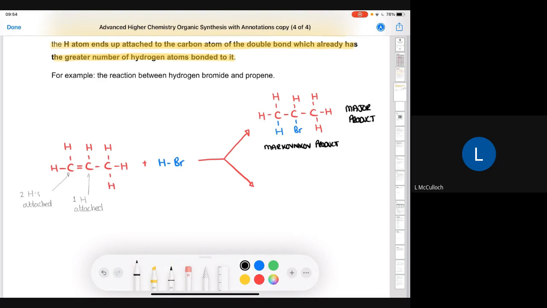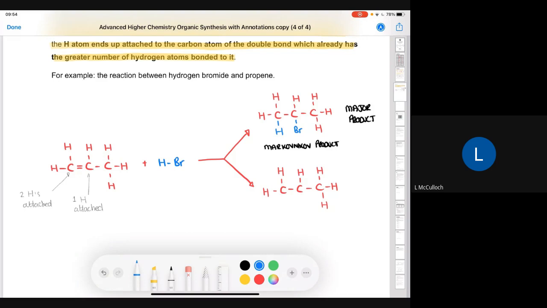And then for our other possibility, which we do still get, 25% of these addition reactions will go to the anti-Markovnikov product. So again, we'll break our carbon to carbon double bond. All of the hydrogens that are already there will remain.